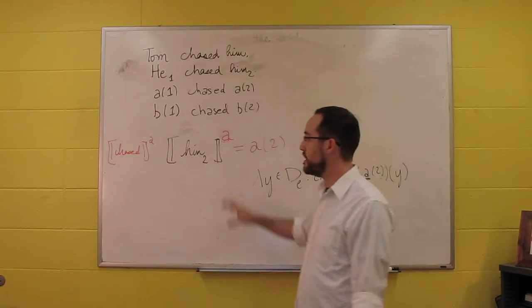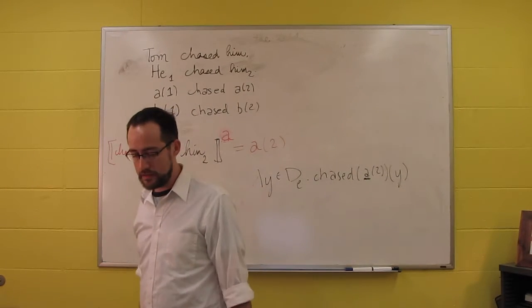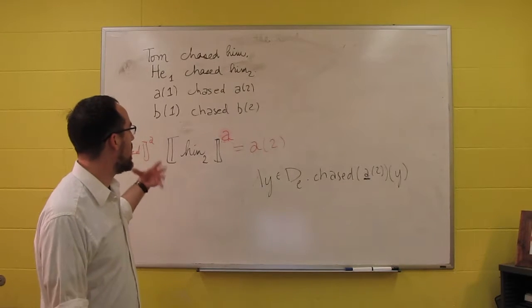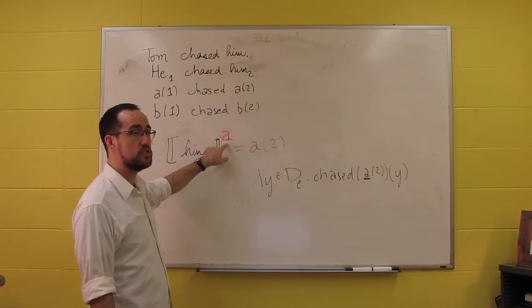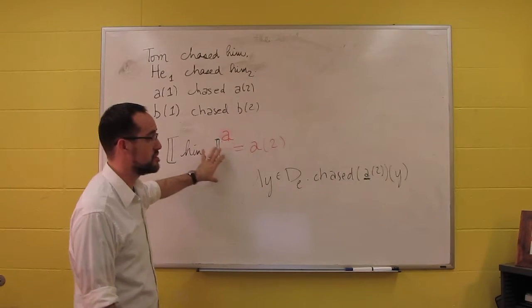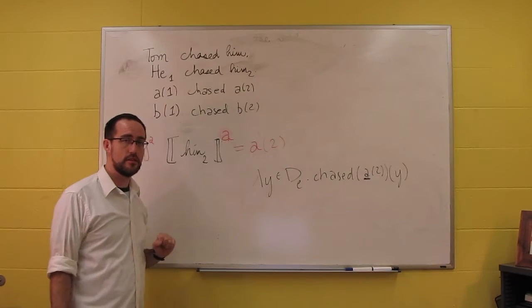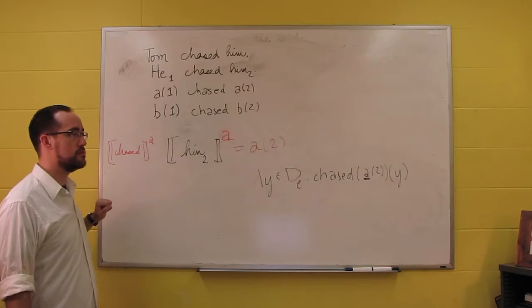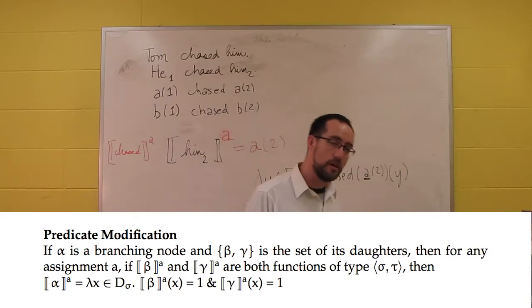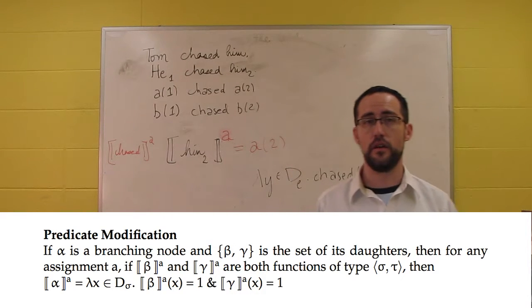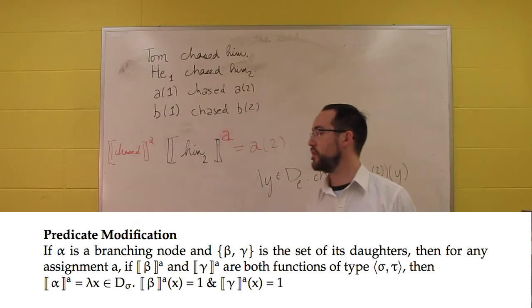So we added the assignments. And when we add the assignments, we had to tweak our composition rules, our interpretation rules, in order to add pronouns, and then in order to combine pronouns. Now, I haven't mentioned predicate modification, but we'll have to tweak it too. And we'll put that here on the screen.